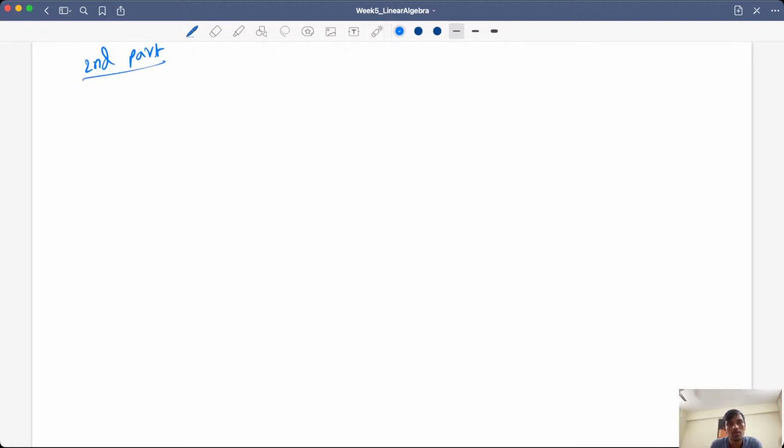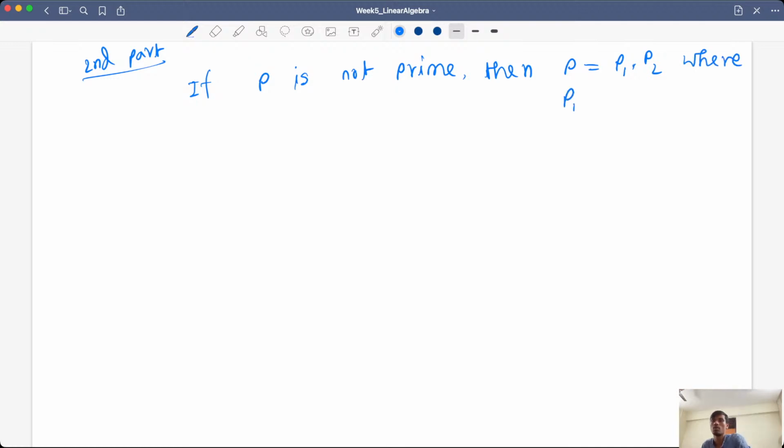So if P is not prime, then I can write P as P1 into P2, where P1 and P2 are both not equal to 1, right?